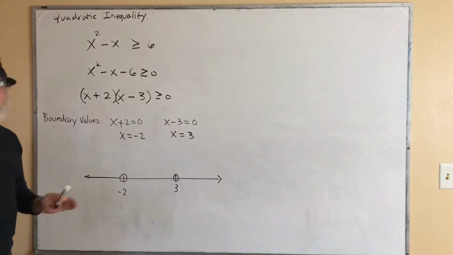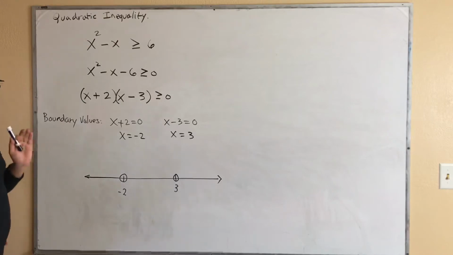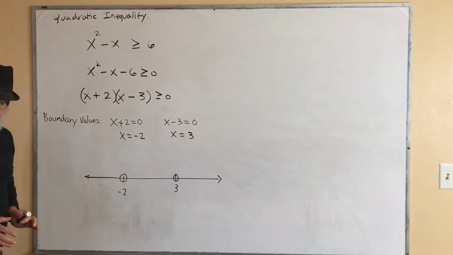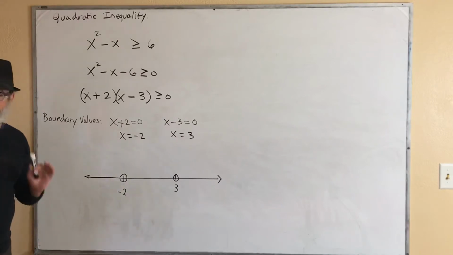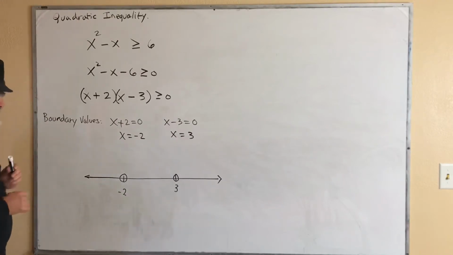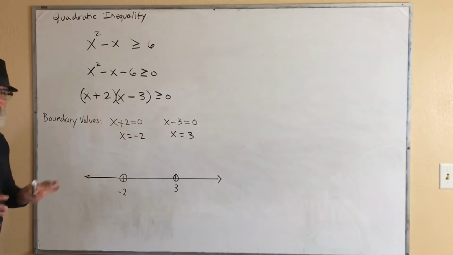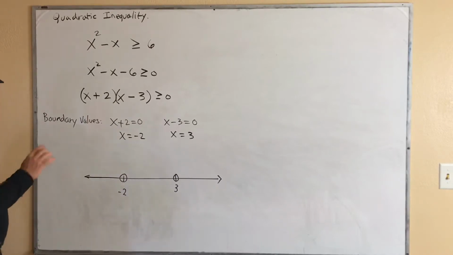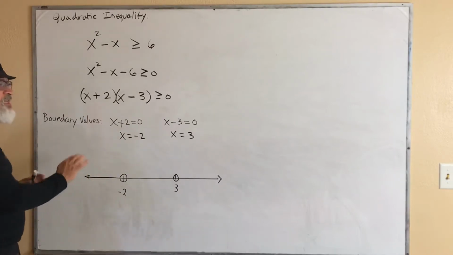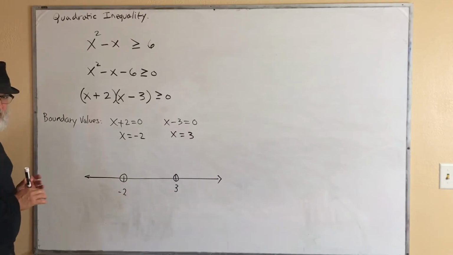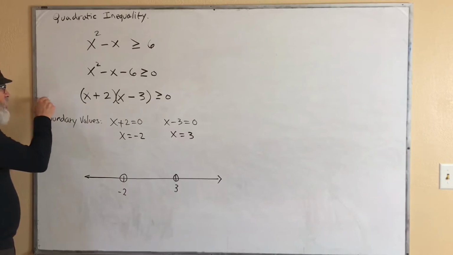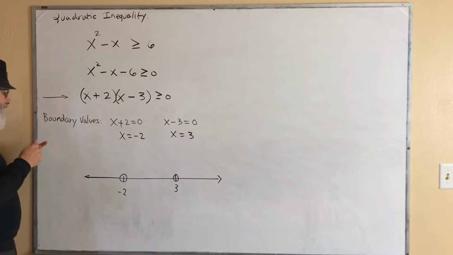To find the solution, we want to find the shaded regions. We pick a value from each region and plug it into the inequality that has the factors.